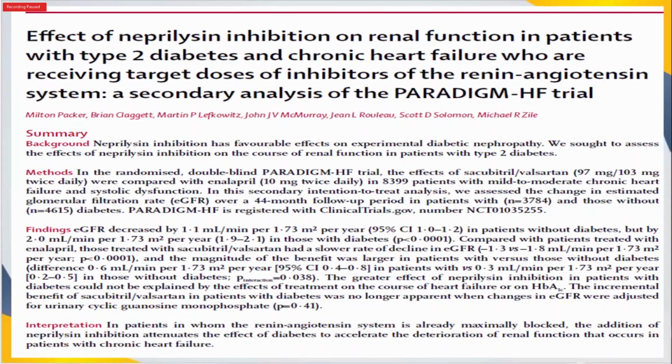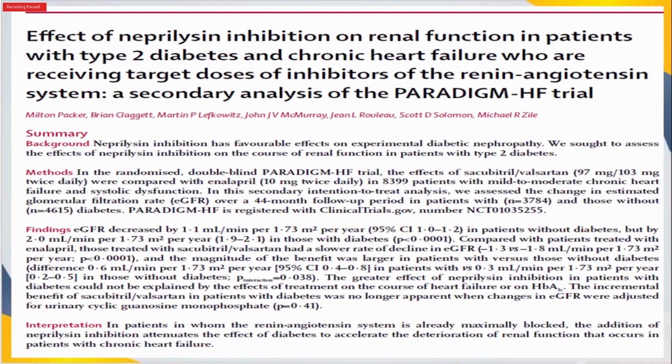So what is the effect of neprilysin inhibition on renal function in patients with type 2 diabetes and chronic heart failure? This is looking at the PARADIGM-HF trial. I will just go to the conclusion so we can save time, which says that in patients in whom the renin-angiotensin system is already maximally blocked, the addition of neprilysin inhibition attenuates the effect of diabetes to accelerate the deterioration of renal function that occurs in patients with chronic heart failure.